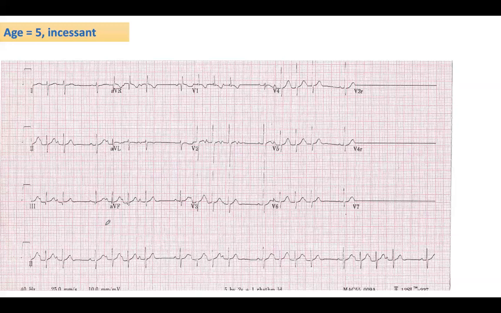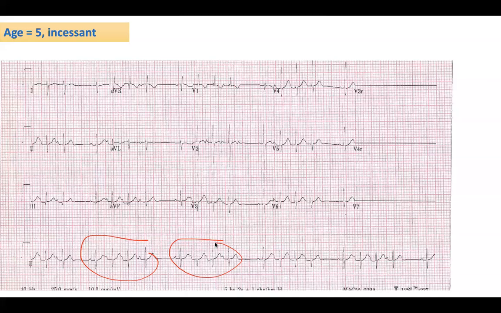I see it's irregular, but it takes a pattern, like 4 beats of tachycardia and then a pause. Also, the relation between the QRS and the P waves is not fixed.